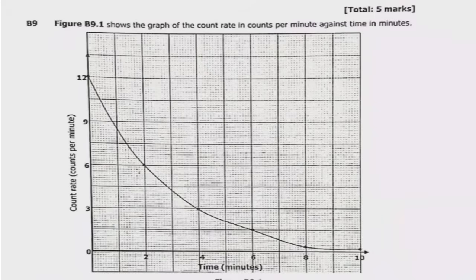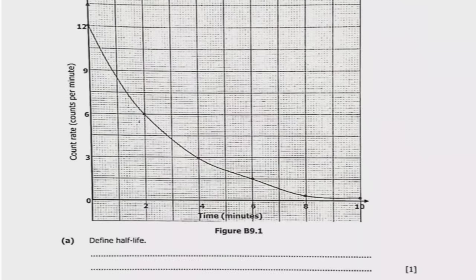We come to question 9, which is: Figure B9.1 shows the graph of the count rate in counts per minute against time in minutes. You can take time and study the diagram. Now we can go to the actual questions, which is question A: define half-life.